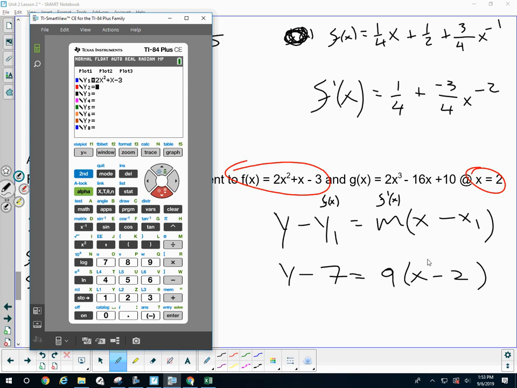Now, do I have to solve and distribute? No. Leave the 9 and the x minus 2 and just move the minus 7 by adding 7 to both sides and see the glory that you just produced. This is really, really cool. You just did that. Really quickly, really easily, actually.